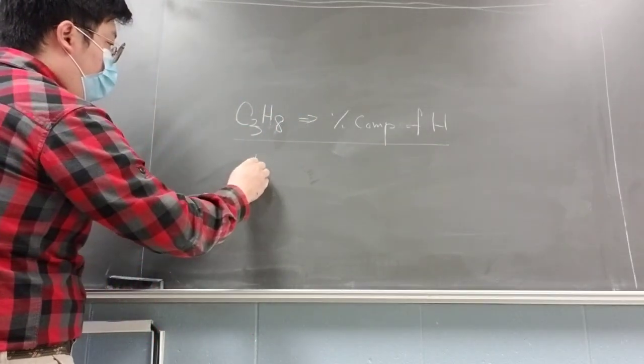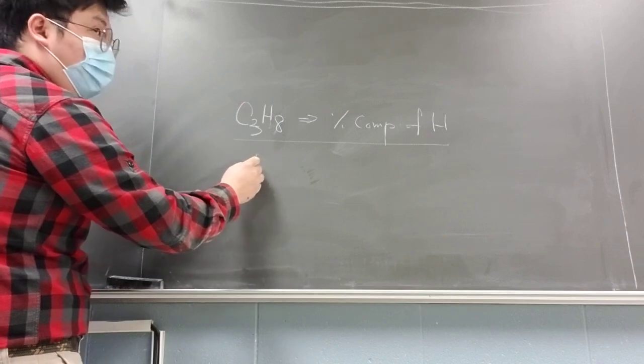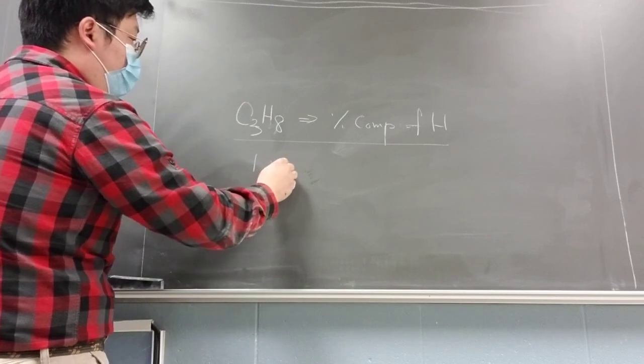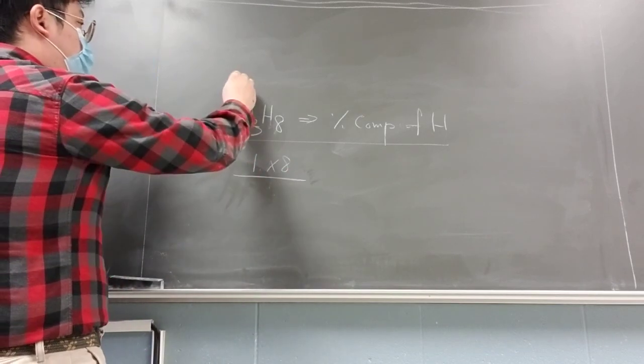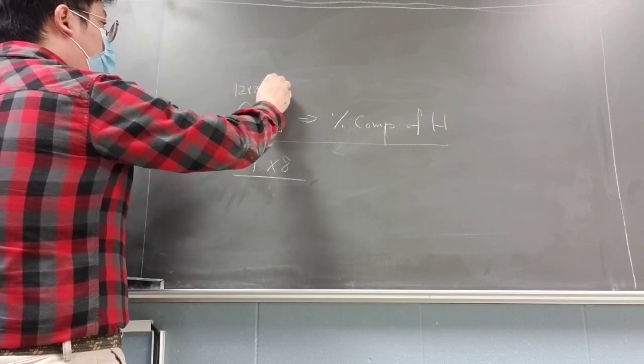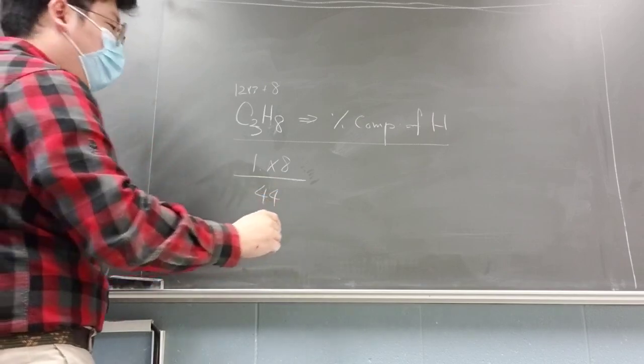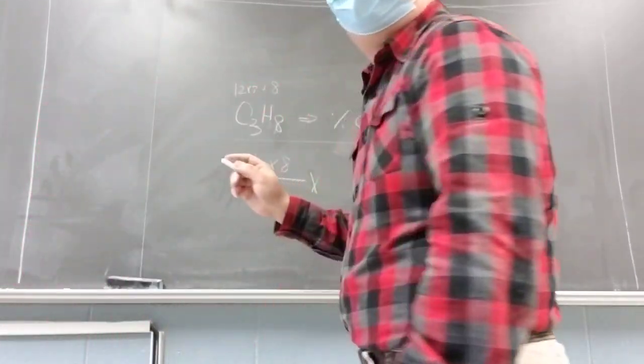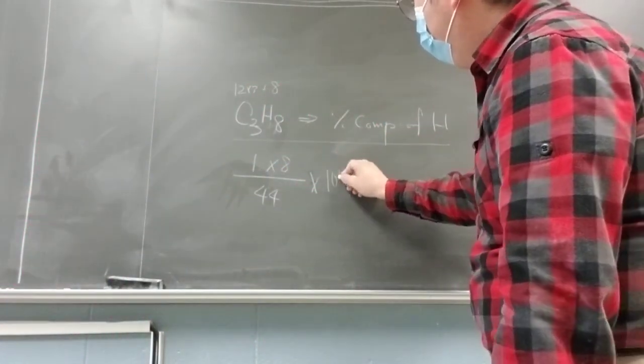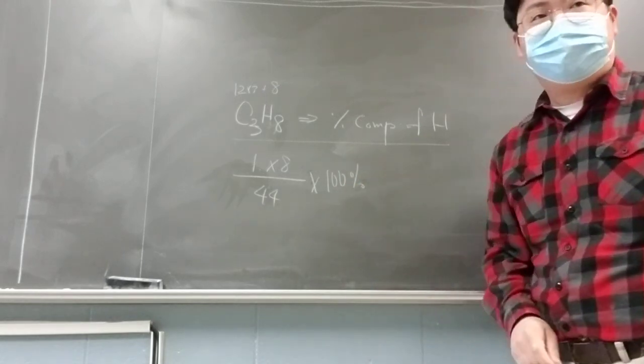We try to get the 1. It's actually 1.008, but I'll just put 1, over 12 times 3 plus 8. So this is like 44, right? 44, and you multiply by 100%.